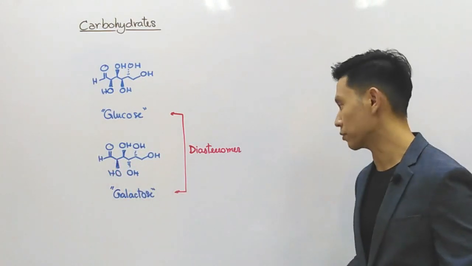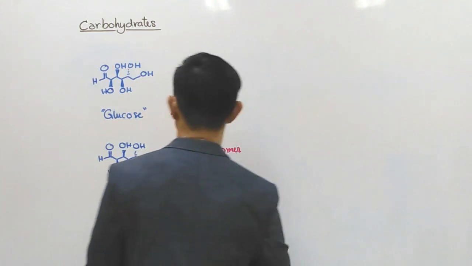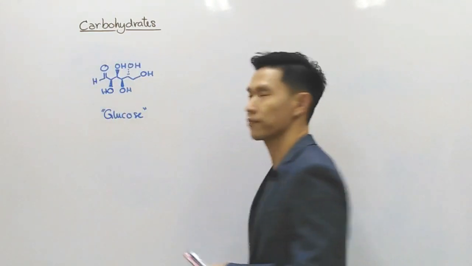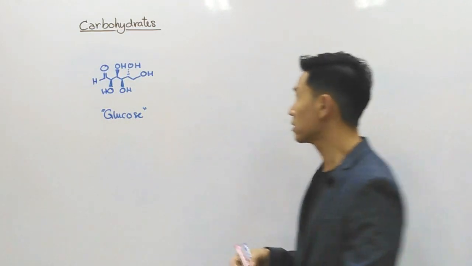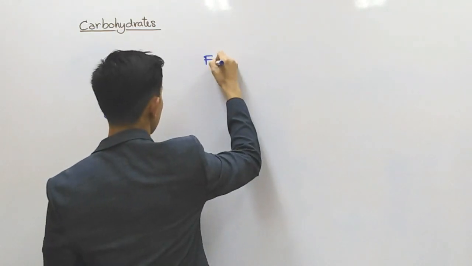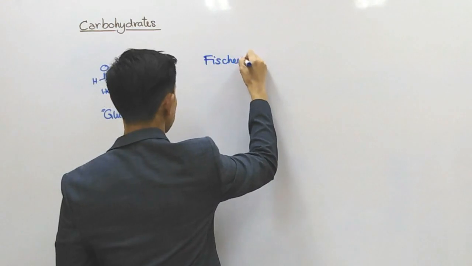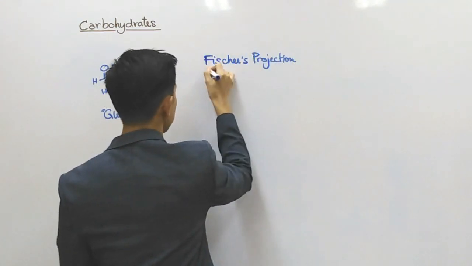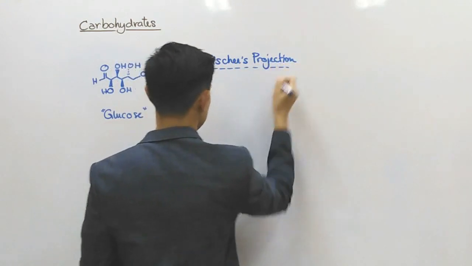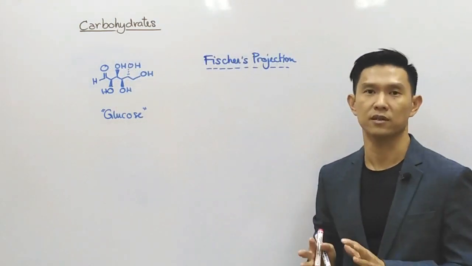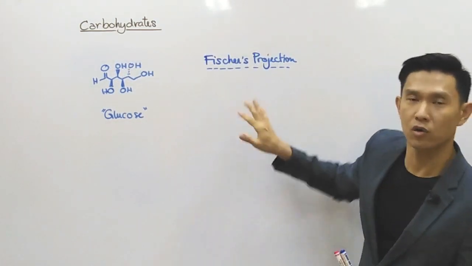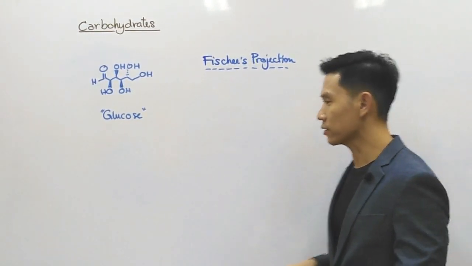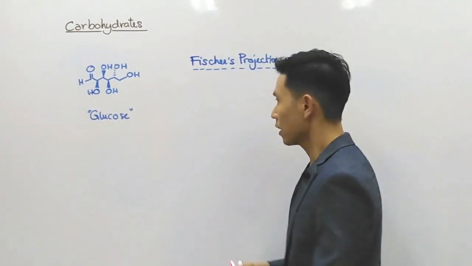To make it more simple, there is another way of drawing these saccharides, which is called the Fischer projection. It's simple. Simply project the three-dimensional picture onto the two-dimensional whiteboard here. So how can we do it?